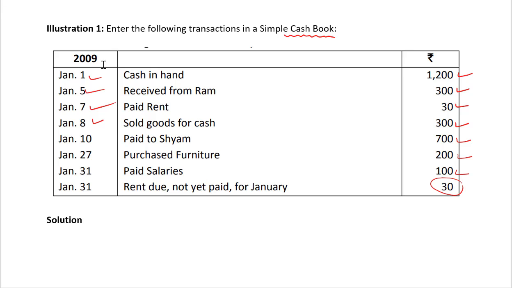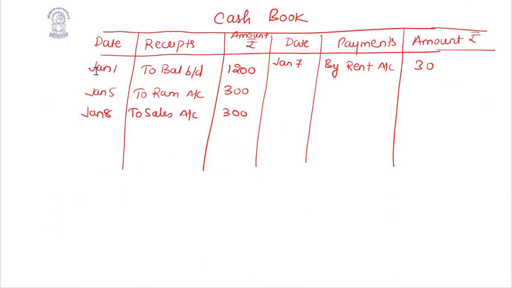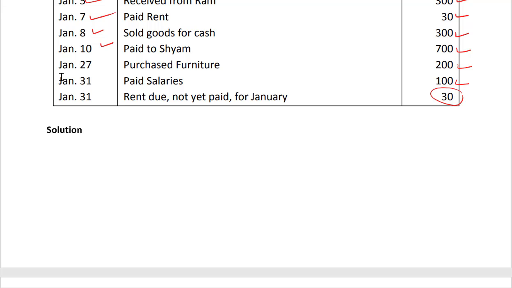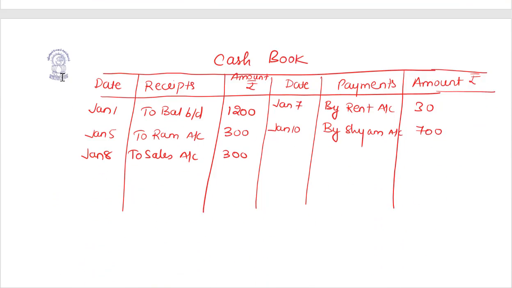Let's move ahead. January 10 paid to Shyam 700. On the payment side we will write January 10 paid to Shyam, so by Shyam account and the amount is 700. January 27 purchased furniture 200. Purchased furniture 200, obviously it is a payment.